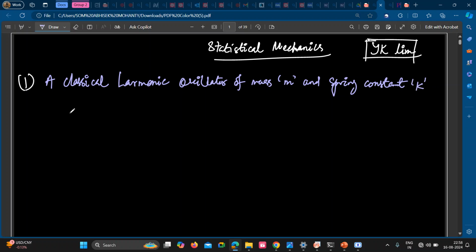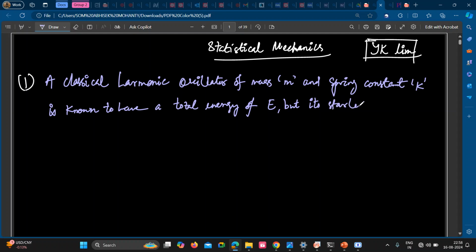Spring constant k is known to have a total energy of E, but its starting time is completely unknown.